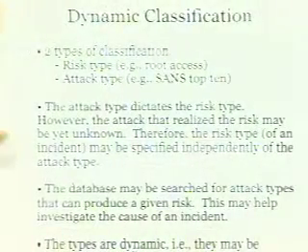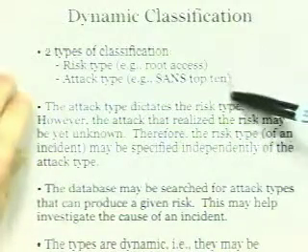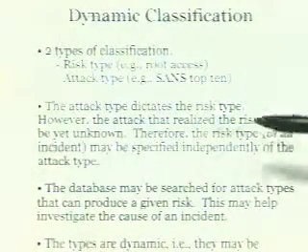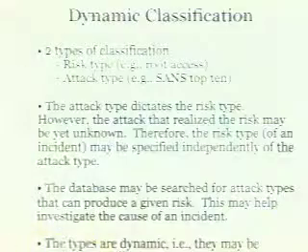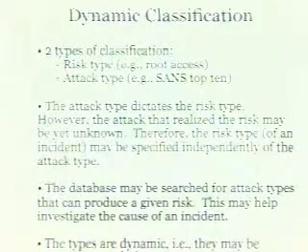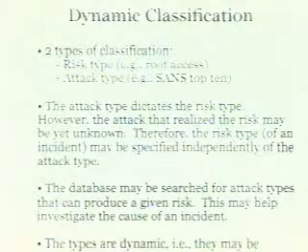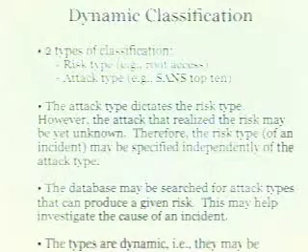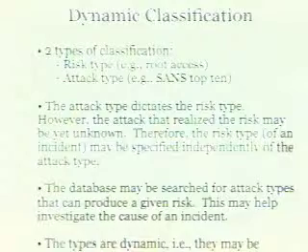So the way I went about it is that I made two types of classification, two levels. There's a risk type, that is what can happen as a consequence of the incident, and then the attack type, which would be, for example, one of the SANS top 10.